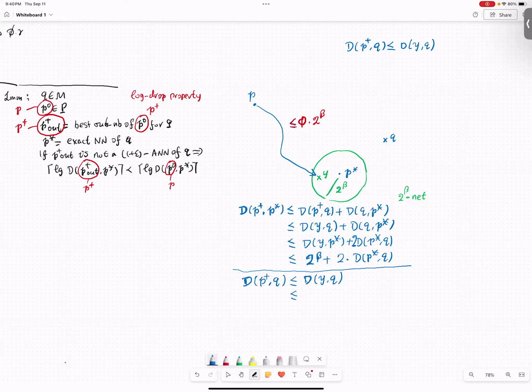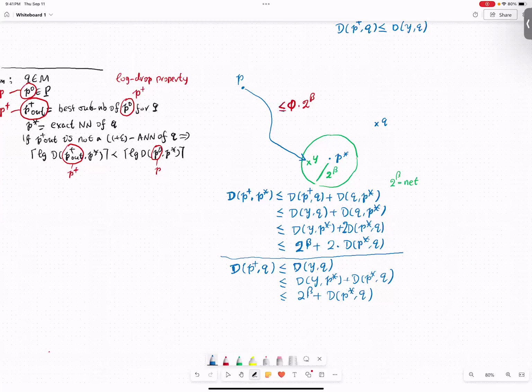And now if we use p star as the bridge to expand this, this will become y p star plus p star q. Okay, correct, right? So once again, this term can be bounded by 2 to the power of beta. All right, so let's write it down here, 2 to the power of beta, and then plus d, and then, sorry, this is p star q. Okay, good.